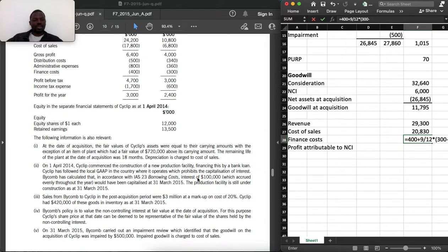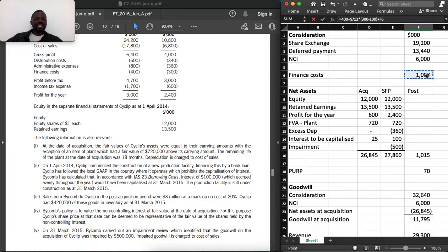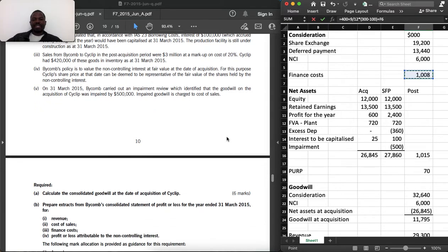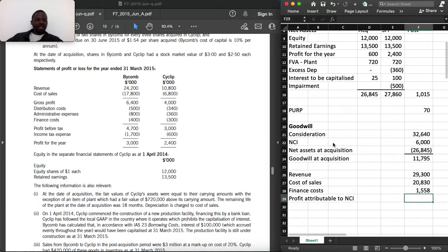So we'll reduce the 300 by 100 like that. Then we add the finance cost that we calculated here of the unwinding of the discount. Then we get our figure like that for the finance cost.